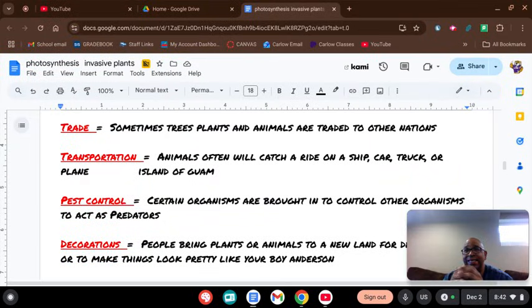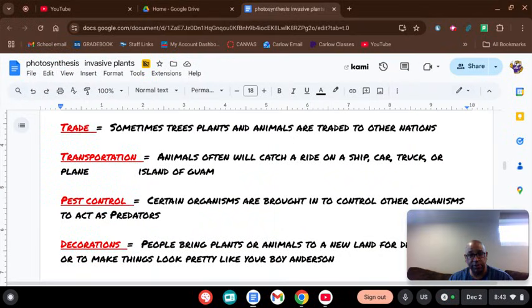These snakes got on this island. They had no natural predators. The birds never saw them, and the snakes got up into the trees, started killing the birds, eating the eggs, wiping out the population of the birds. So that is one example of how transportation can bring in invasive species that are not wanted.